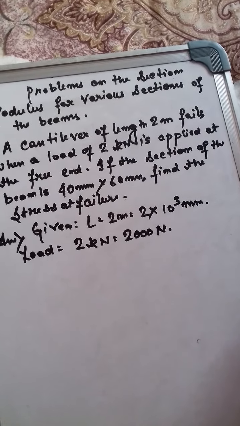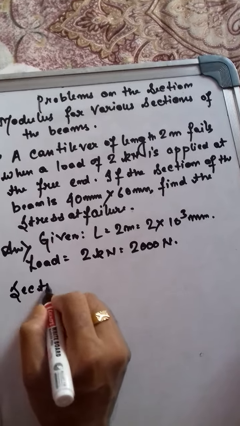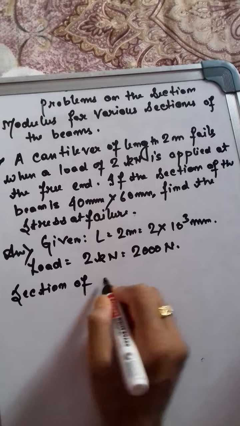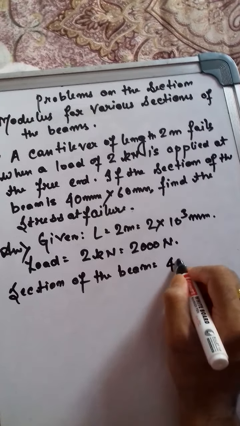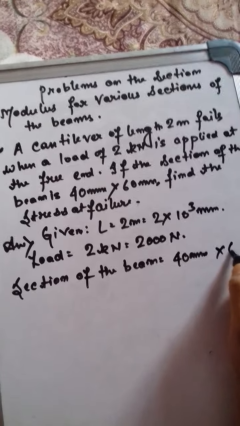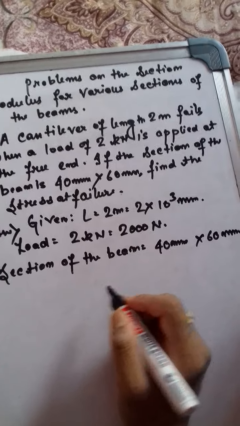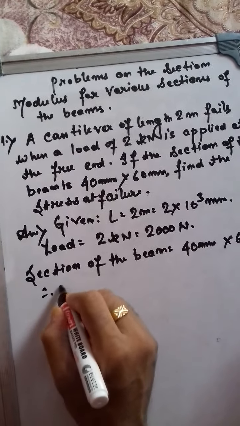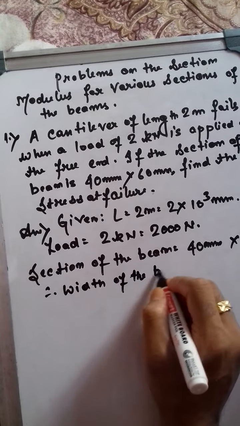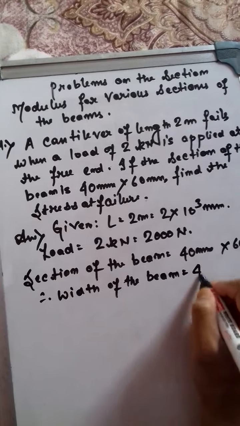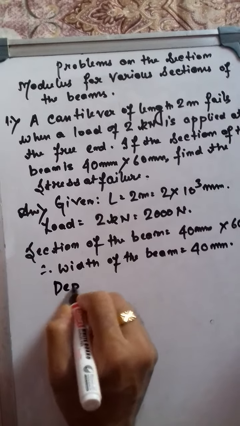See, it is given in the problem that the cross section of the beam is 40 mm by 60 mm. Okay. So therefore width of the beam is 40 mm, and the depth of the beam is equal to 60 mm.